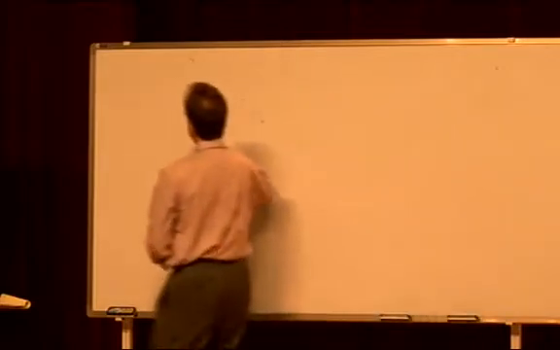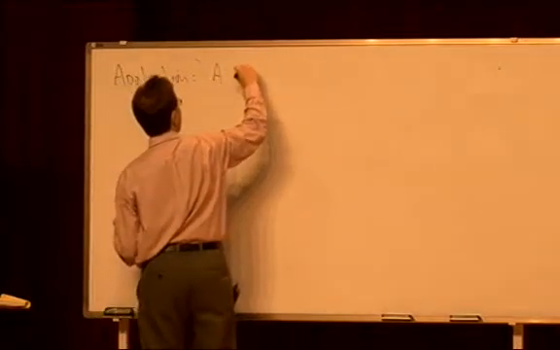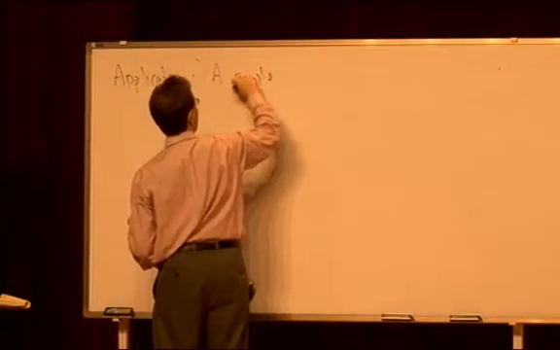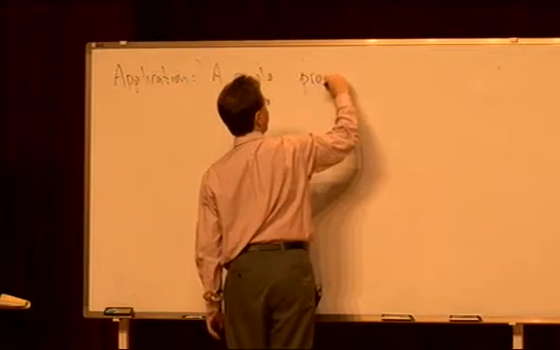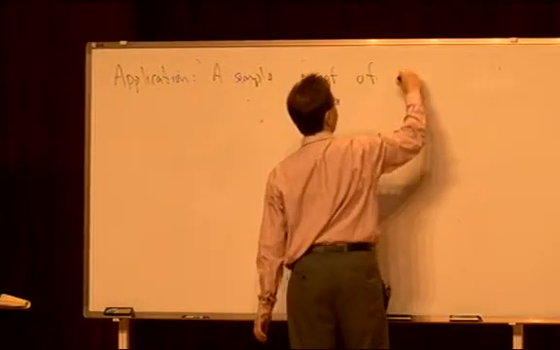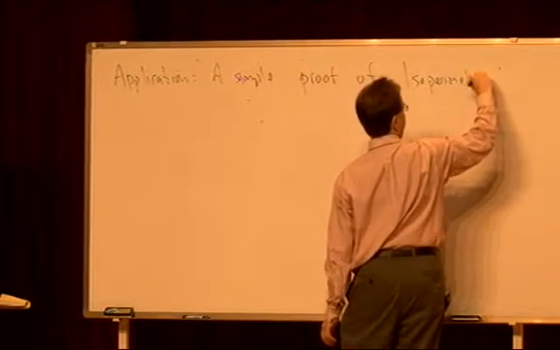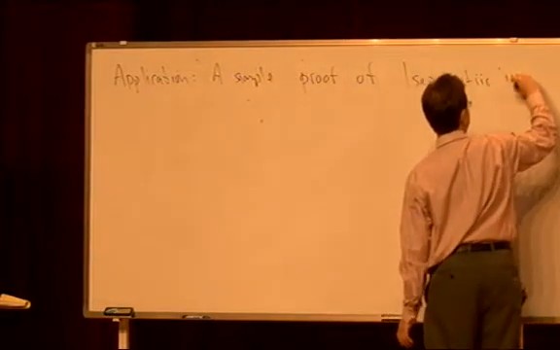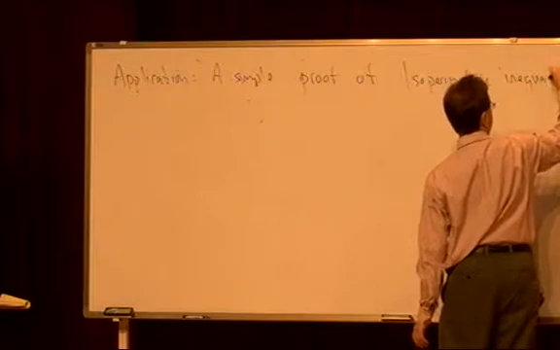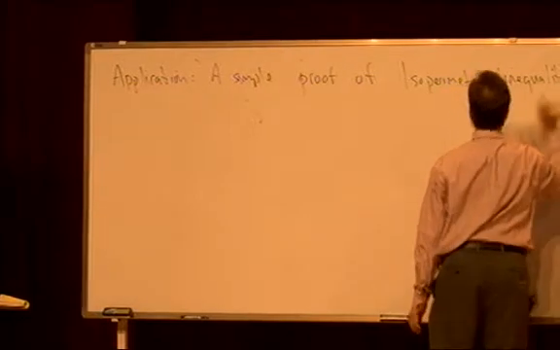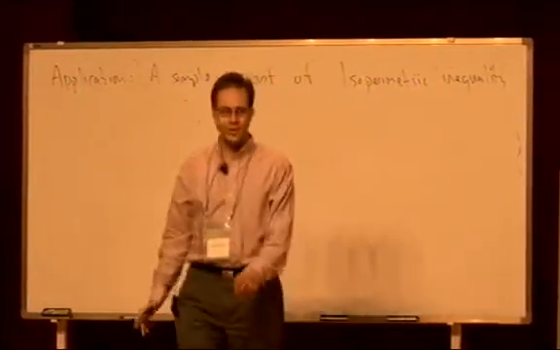So our first application, later today and tomorrow we'll talk about how to prove a theorem like that, but first let me sketch an application, which is a simple proof of the isoperimetric theorem. So this is the Euclidean isoperimetric theorem.